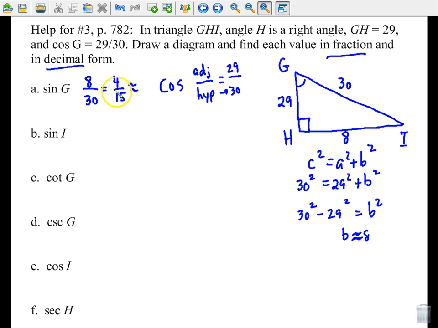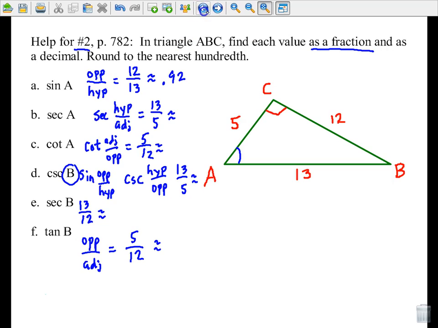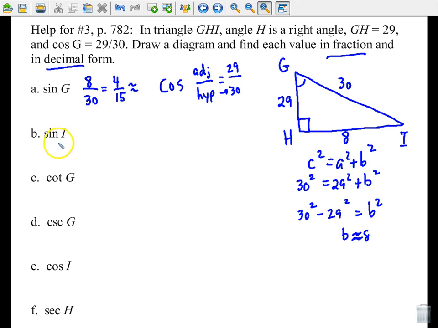I'm sure you know how to do this, and you can go ahead like the previous set of problems and round to the nearest hundredth, I believe. Yeah. All right, let's take a look at sine I. All right, we're looking out from angle I this time. Again, sine is opposite over hypotenuse. So that's 29 over 30, and then the decimal form.